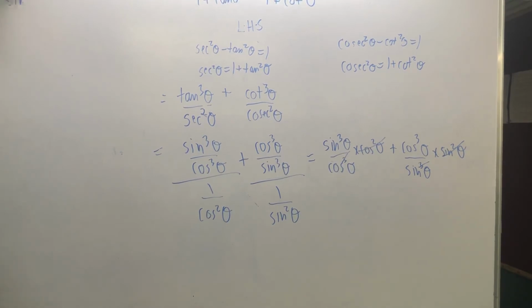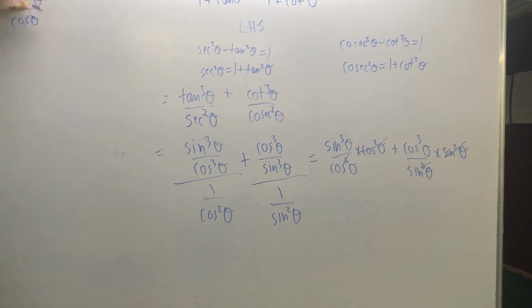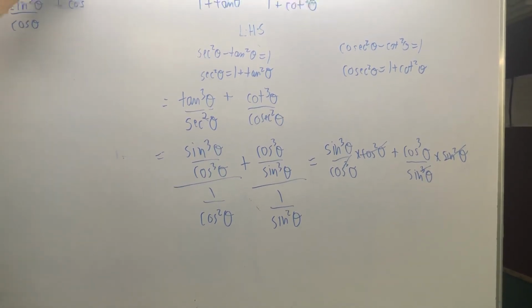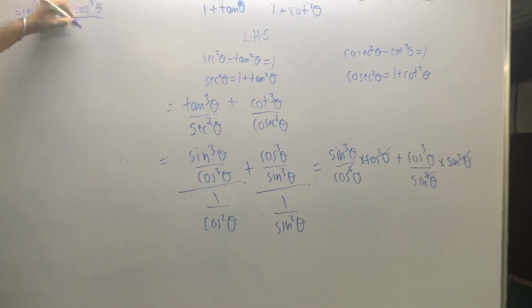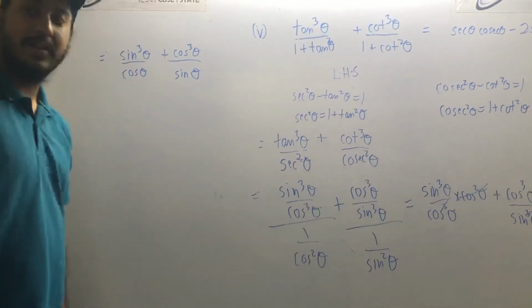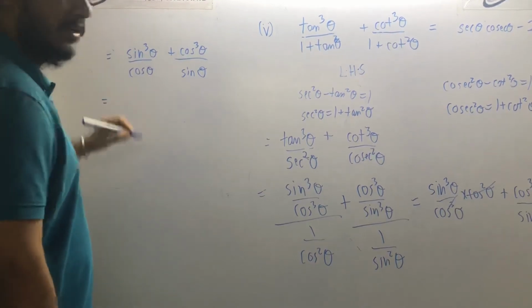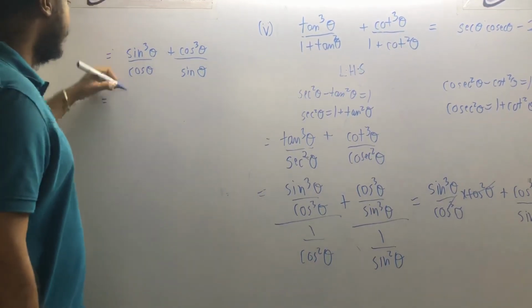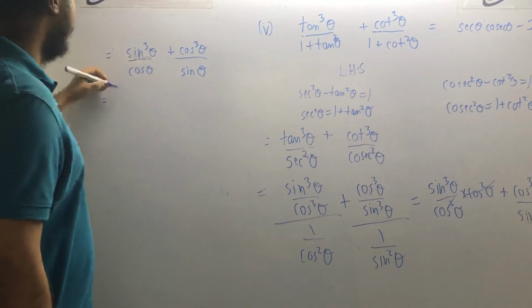sine cube theta upon cos theta plus cos cube theta upon sine theta. Okay, now you will take the LCM. LCM is sine theta cos theta. So the sine will get multiplied here.